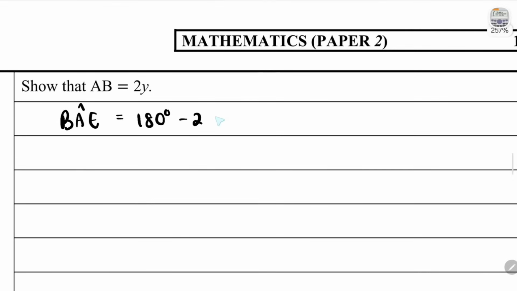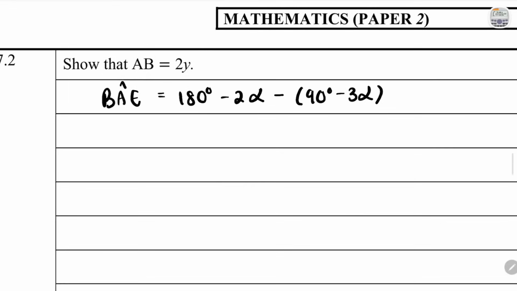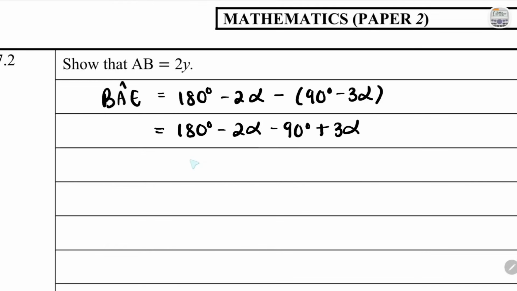So we say minus 2 alpha and then minus, in brackets, 90 degrees minus 3 alpha. We're using brackets because there are 2 terms, so the minus has to apply to both. So that's 180 degrees minus 2 alpha minus 90 degrees, and then that becomes a plus 3 alpha. 3 alpha minus 2 alpha is alpha, and 180 minus 90 is 90. So this is just 90 degrees plus alpha. That is the angle BAE.